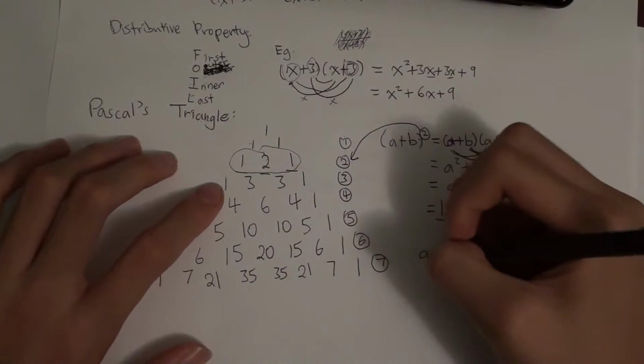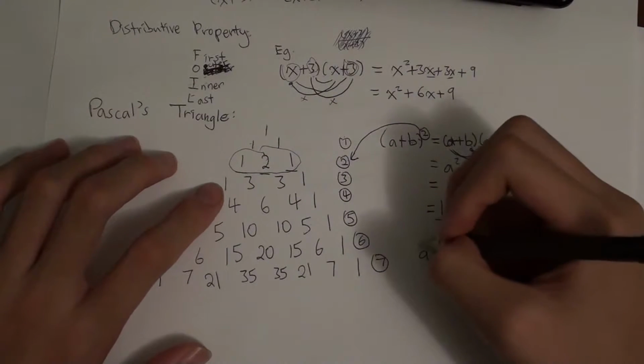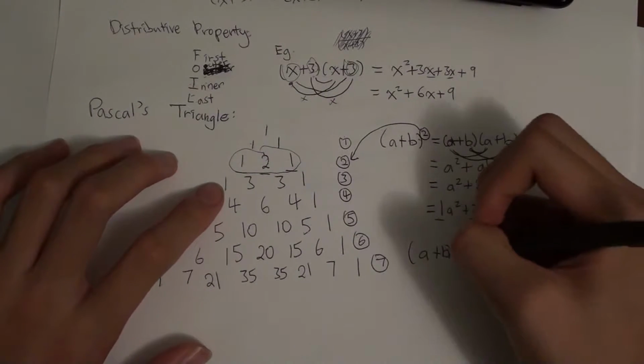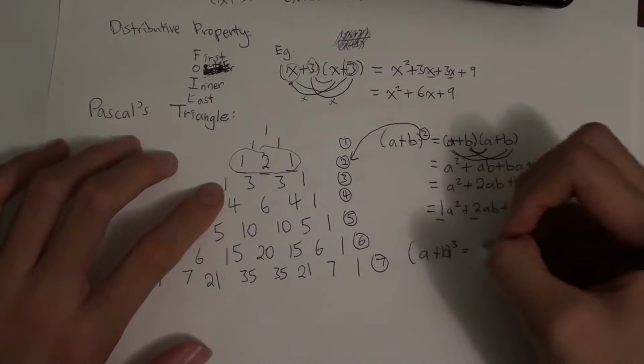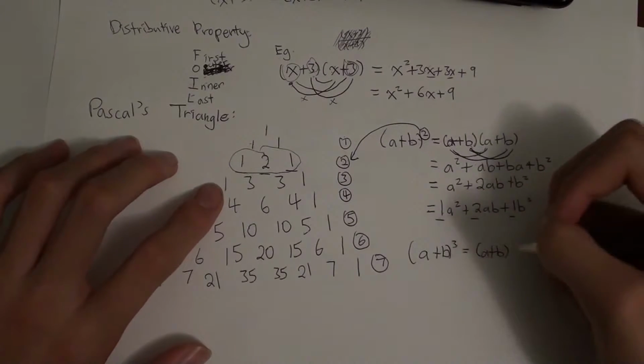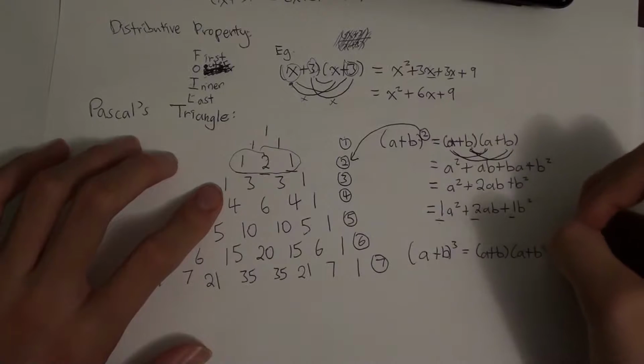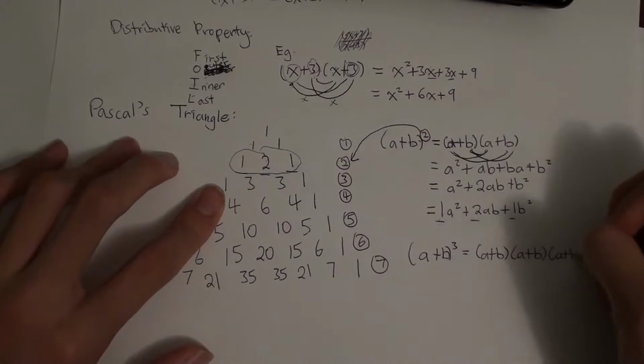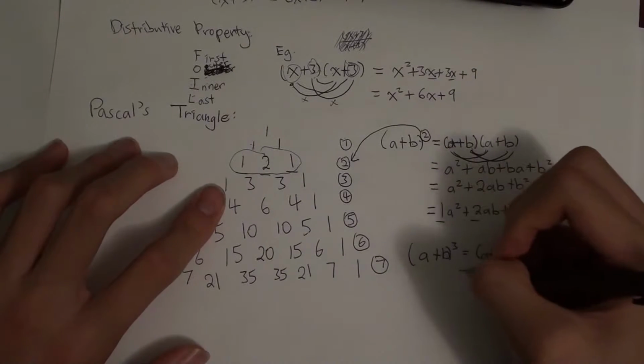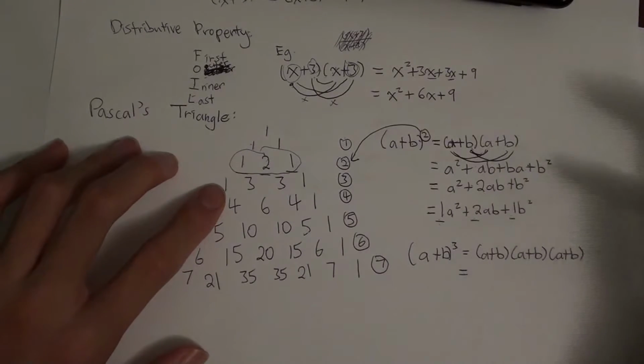Alright? A plus b, bracket that whole thing, to the power of 3. As we know, this equals a plus b times a plus b times a plus b, and multiply together. That gives a very long equation.